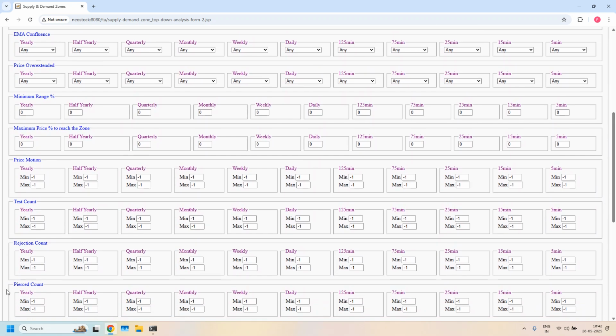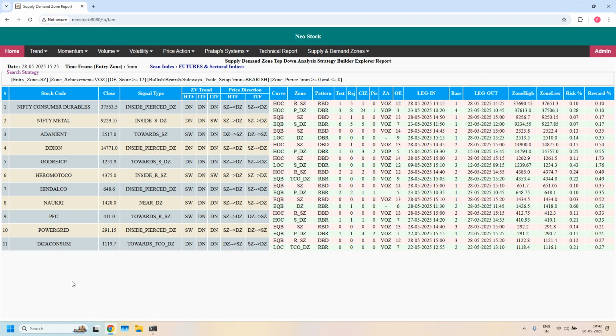The pierced count at 5 minutes time frame, minimum value 0, maximum value 0. Let's filter. We got 11 stocks supporting bearish trade setup for hourly income trade, and entry time frame zones are 5 minute supply zones. So total we got 11 stocks.